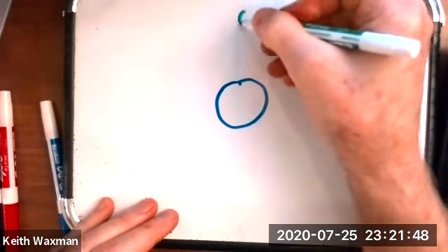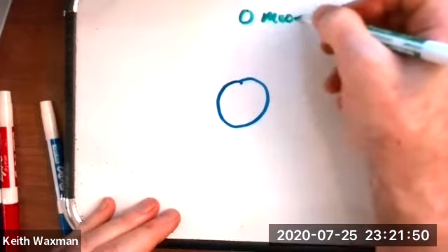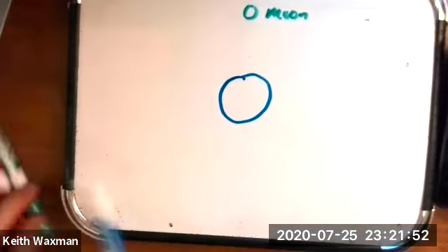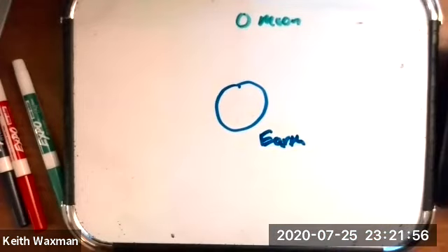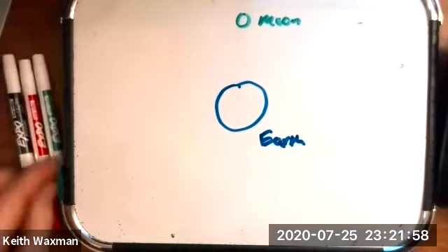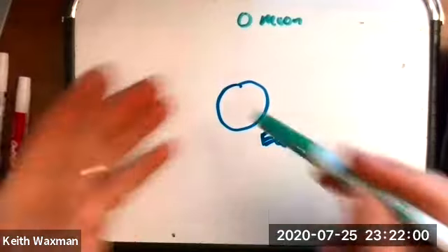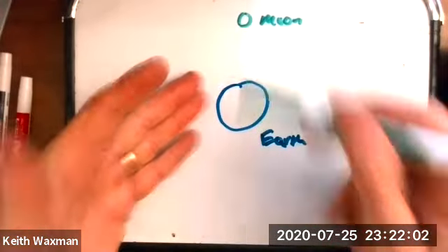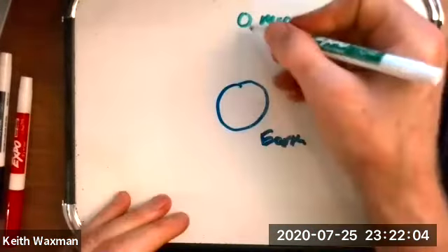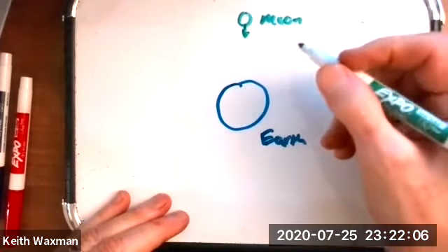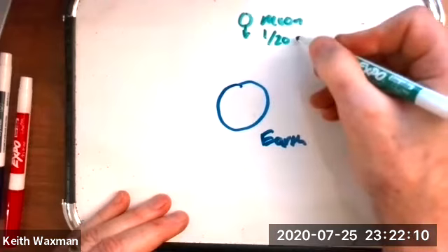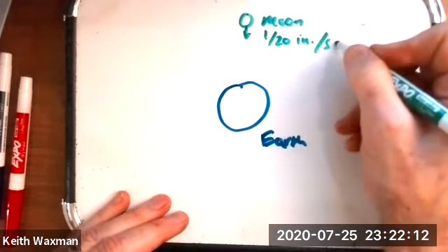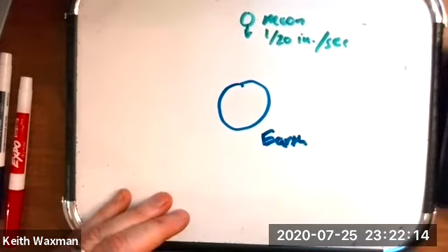So here's the moon, here's Earth. Now watch this. The moon is a little farther away than we are at the surface of the Earth, so the moon doesn't feel quite as much gravity. So the moon is actually falling towards the Earth. It's falling not 16 feet, but 1/20th of an inch in the first second.